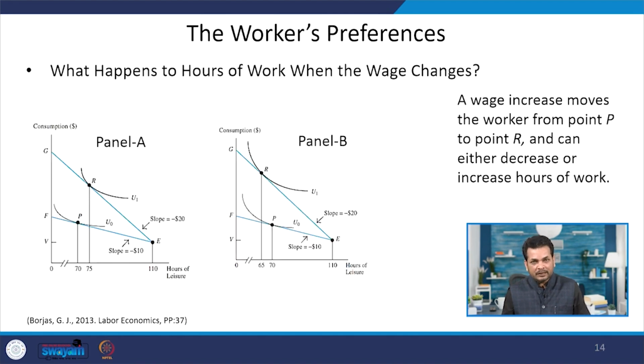So, when we compare these two situations, in panel A the leisure hours have increased due to the change in the wage. In panel B, the leisure hours have reduced due to the increase in the wage rate. So, a wage increase that moves the worker from point P to point R can either decrease or increase the hours of work.